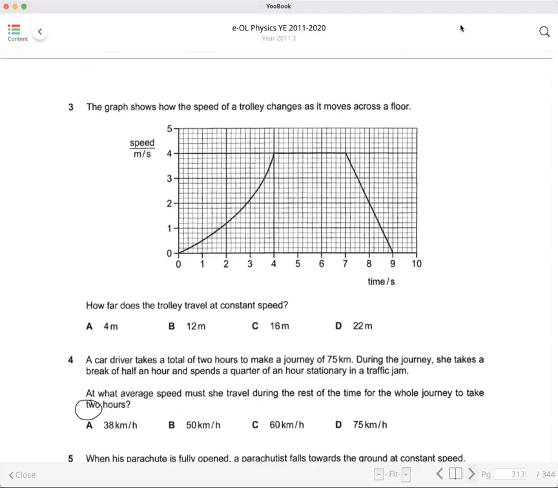Do question number 3. You all may begin. Write down the question number and your answer. I got the answer already. Well done, Oscar.